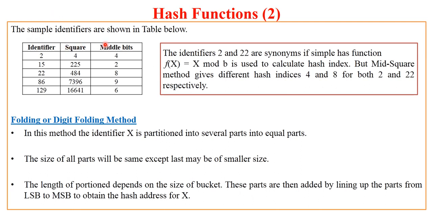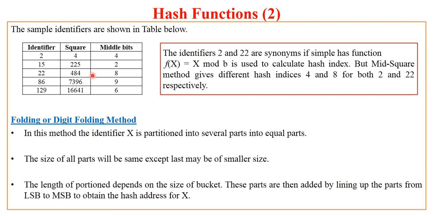The sample identifiers are shown here in this table. We have identifiers 2, 15, 22, 86, 129. For simplicity we have taken only numeric values as identifiers, but this can be anything. Now the square of 2 is 4, 15 is 225, 22 is 484, 86 is 7396, 129 is 16641.